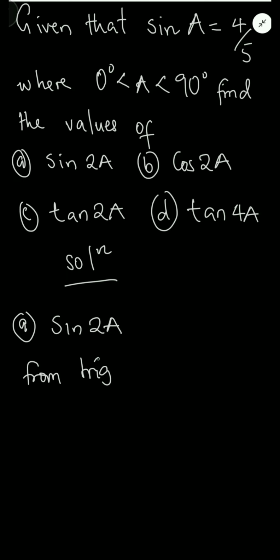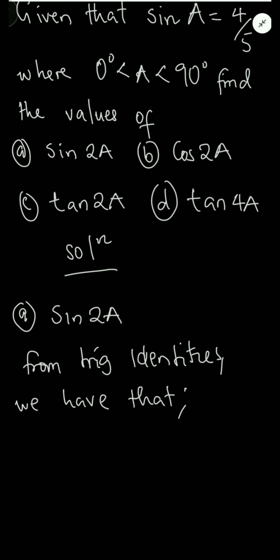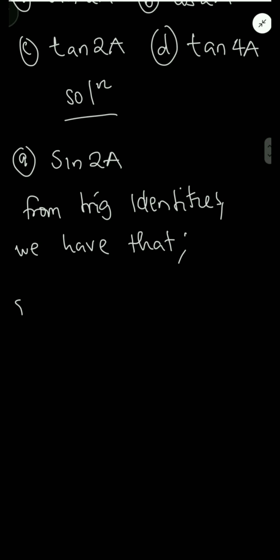From the trig identities, sine 2A, which is a double angle, is equal to 2 sine A cos A.